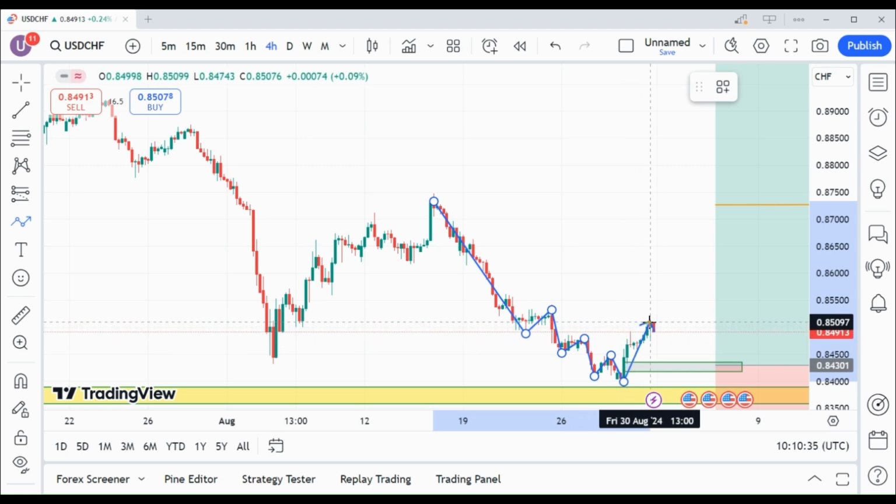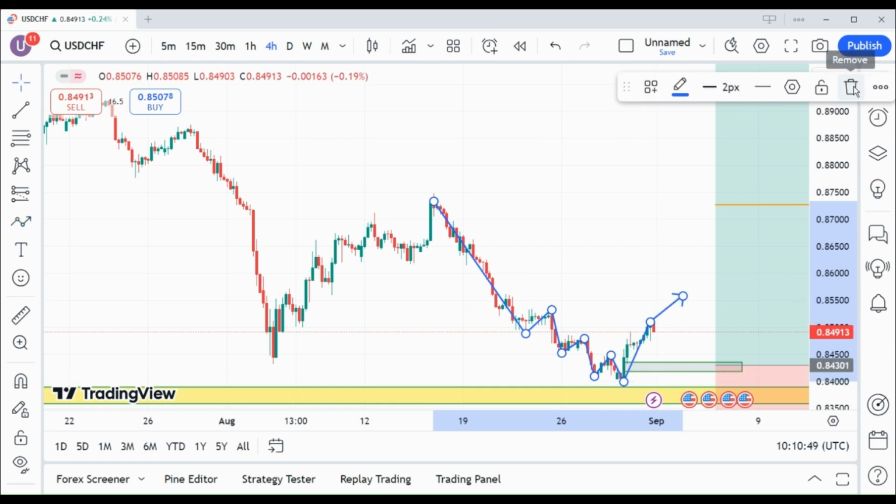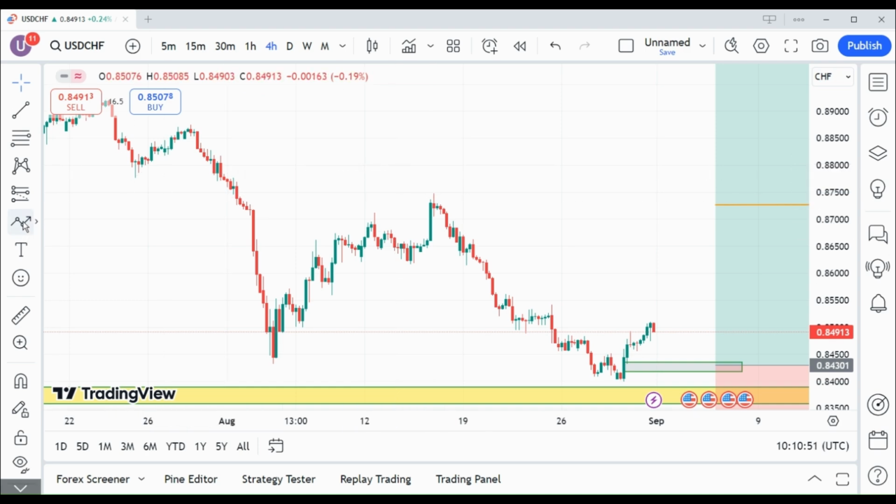So we expect this market to come back to this zone. Why do you expect this market to come back to this zone? Because there's a gap that needed to be filled. You notice when this green candle moves up, wait, let me use this arrow to show you clearly so that you understand this price action. This is called pure price action.